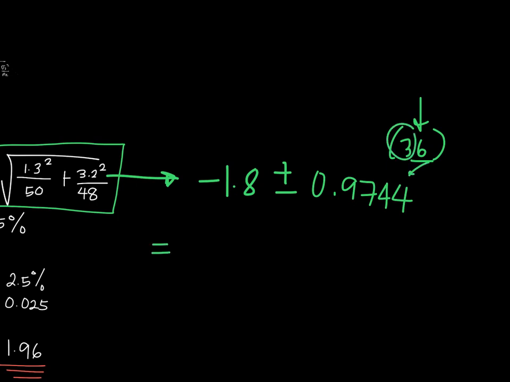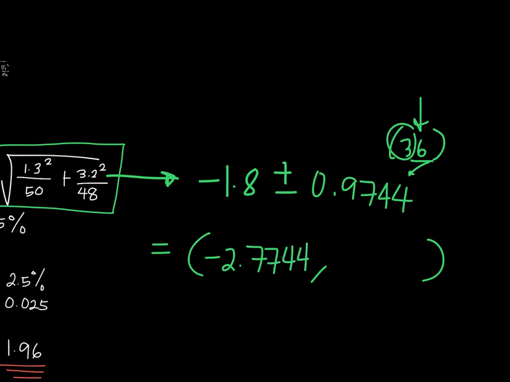So we're almost done. All we have to do is to add and subtract this number. Let's start by subtracting 0.9744. So negative 1.8 minus 0.9744 is equal to negative 2.7744.